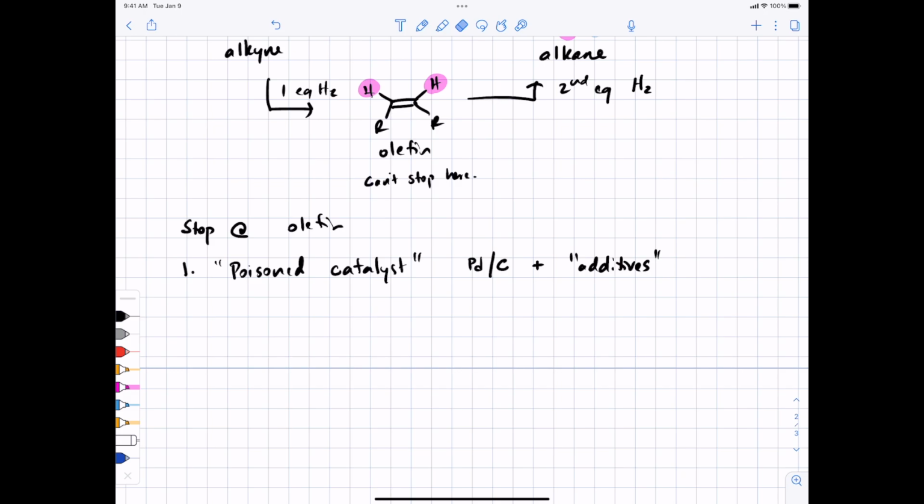One of the famous ones is called the Lindlar catalyst. Its actual structure, it's palladium on carbon with some additives, like I said. As to how it works, basically all of this is a mnemonic device. It's not really first principles. I'm just saying we, through whatever method, tune down the reactivity of the catalyst so that you can stop.